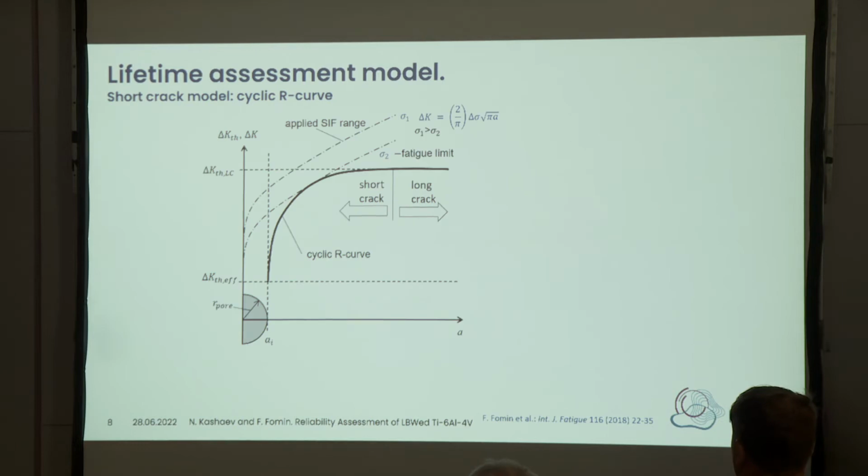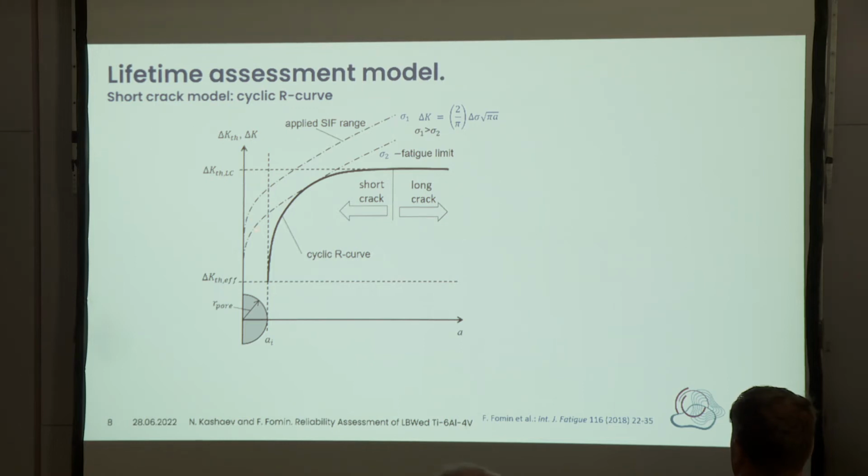First of all, we talk about the short crack model. There are several approaches. In our approach, we used the cyclic R-curve. The cyclic R-curve describes the dependence of the threshold of the stress intensity factor on the crack length.